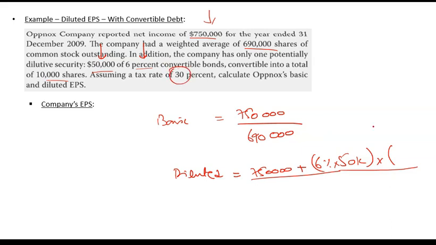Tax rate is 30%, so 0.7. And in the denominator, you had 690,000 shares earlier, and this loan can be converted into 10,000 shares. So in the denominator, you will have 690,000 plus 10,000, that is 700,000. And when you do your math, you will get your answer for diluted EPS.